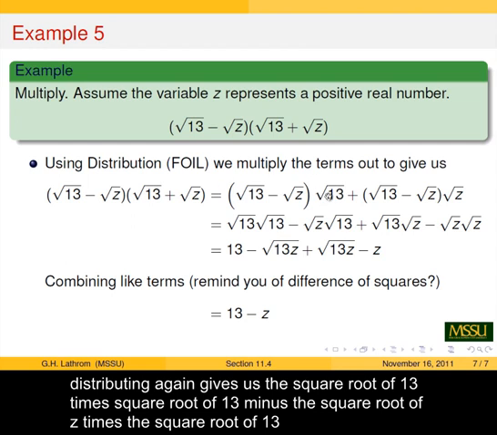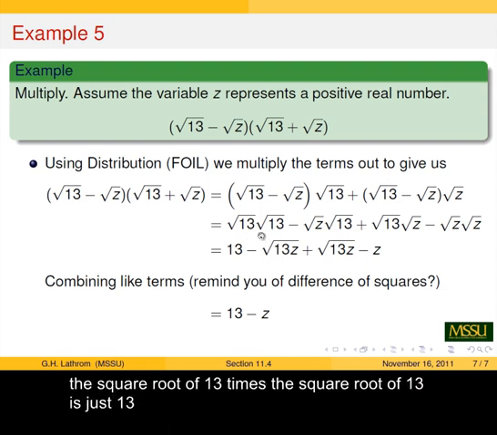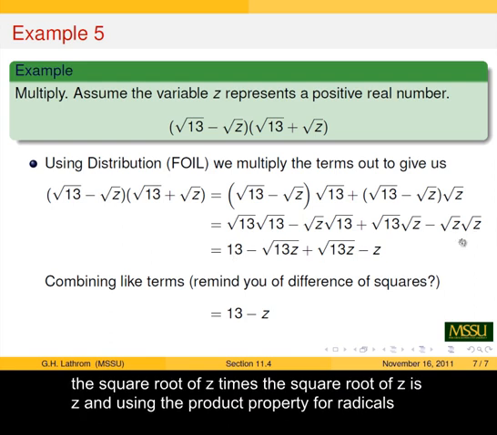Distributing again, this gives us the square root of 13 times the square root of 13 minus the square root of z times the square root of 13. For the second term, we have the square root of z times the square root of 13 and the square root of z times the square root of z. Now the square root of 13 times the square root of 13 is just 13. The square root of z times the square root of z is z.